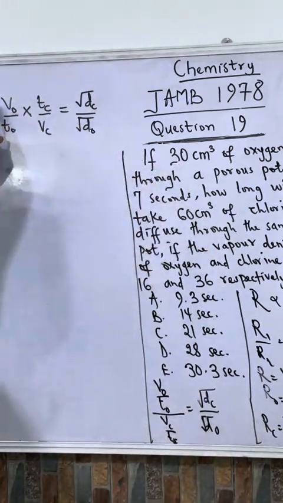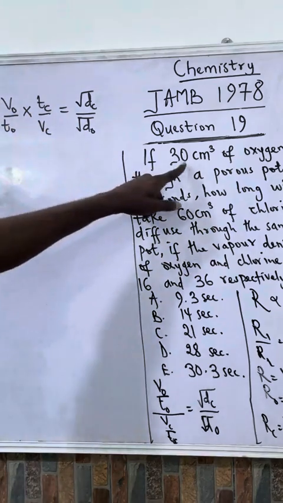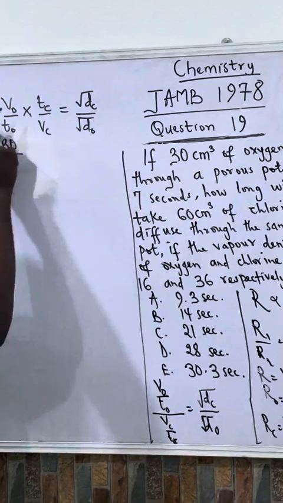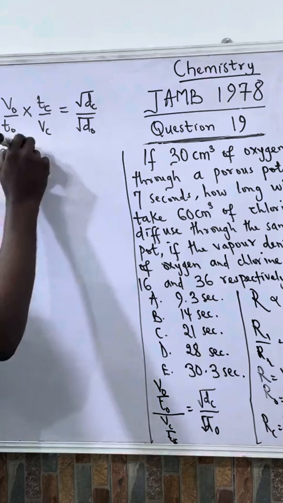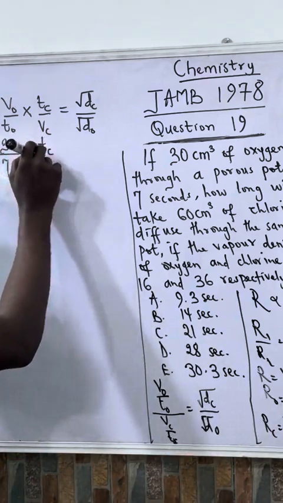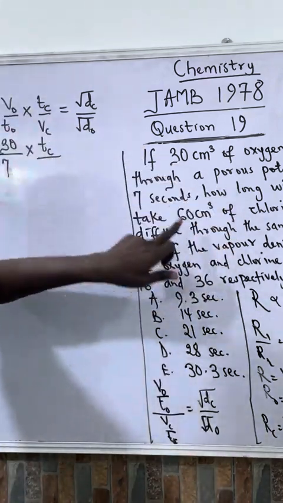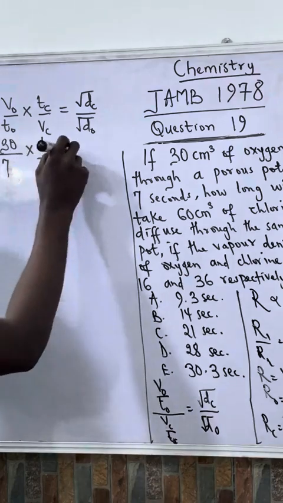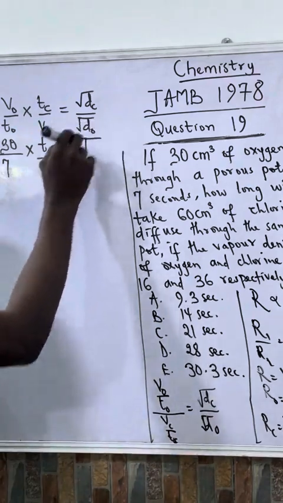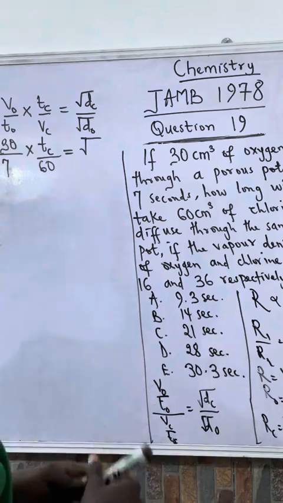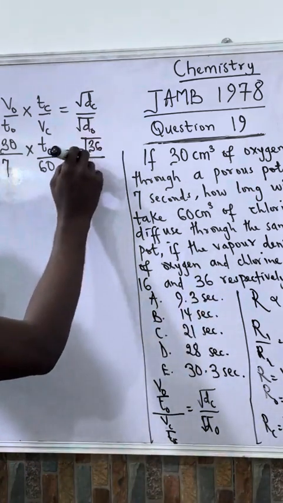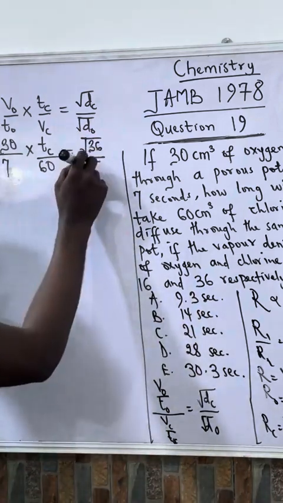So the volume of oxygen is 30 cm cube. I'll put 30 all over time it takes, that is 7. Multiply by time it takes chlorine, that's what we are finding, that's TC, all over volume of chlorine, that's 60 from the question. That will be equal to the density of chlorine, which is given as 36, and the density of oxygen, given as 16.